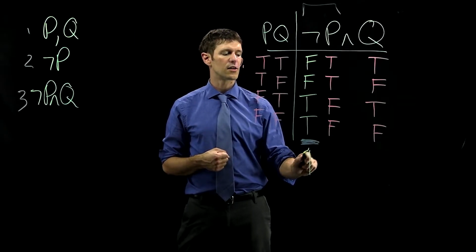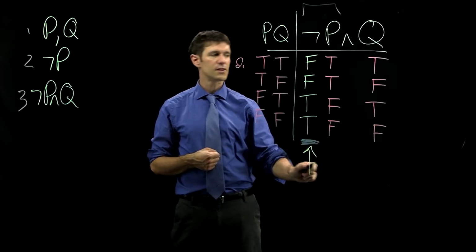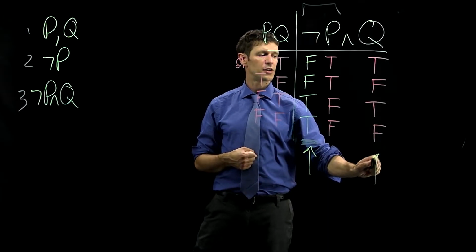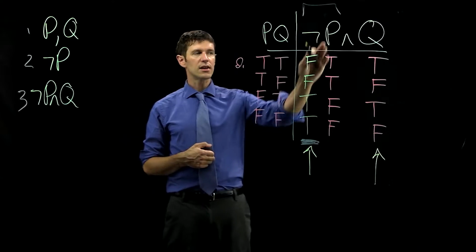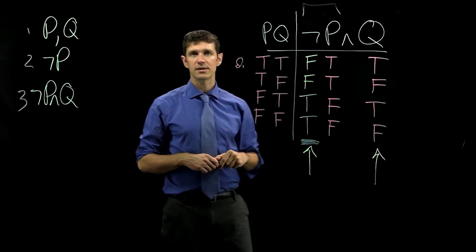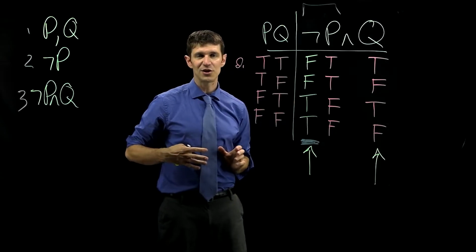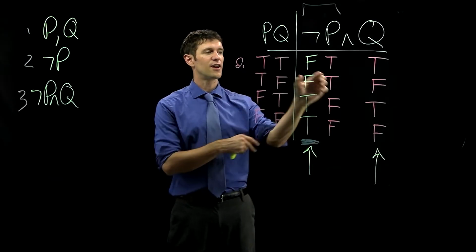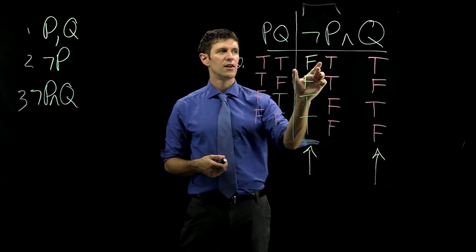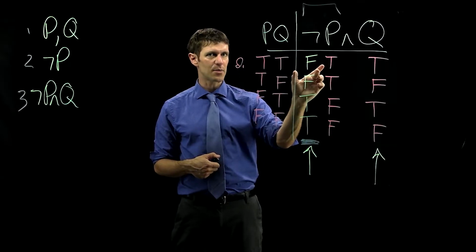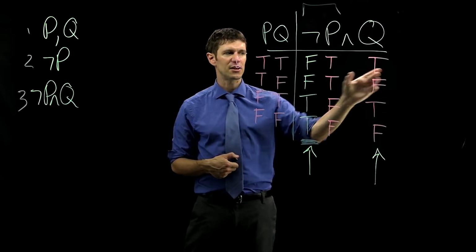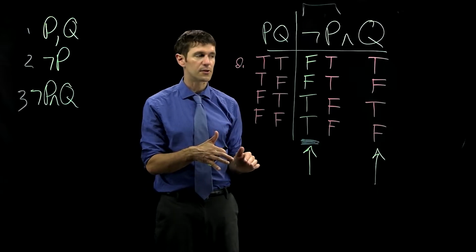So we're going to look under the column under the negation as well as Q right there. So we can ignore the truth value assigned to P. What instead is going to the conjunction function is a value of false and true, the value assigned to not P as well as the value assigned to Q. So we want to focus on those two.